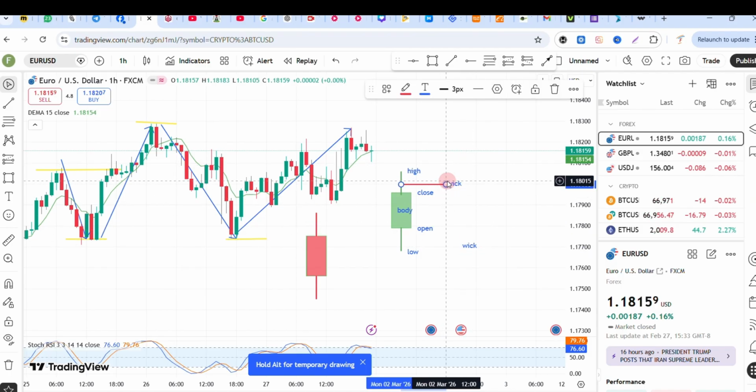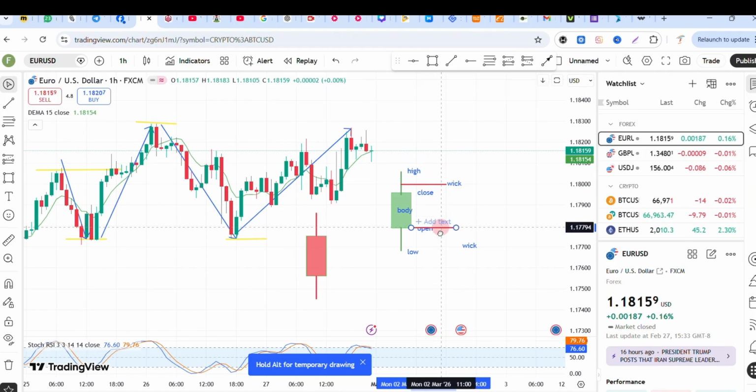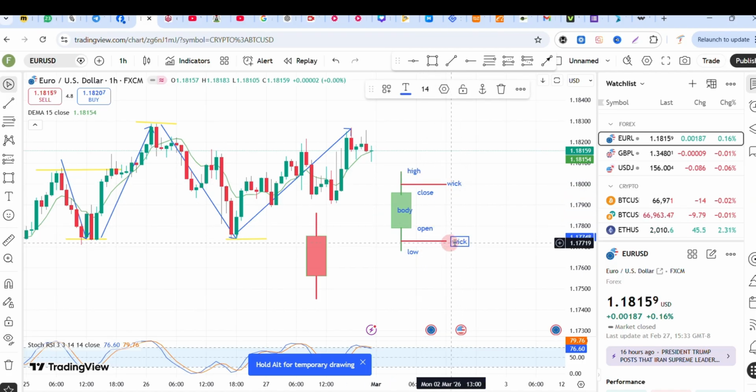This is also the wick. So we have an upper wick and we have a lower wick. Let's call this lower wick. Let's call this upper wick. So don't forget, the wick shows rejection, price rejection.